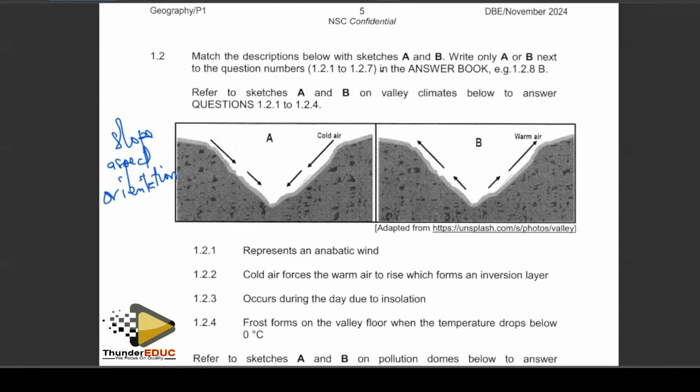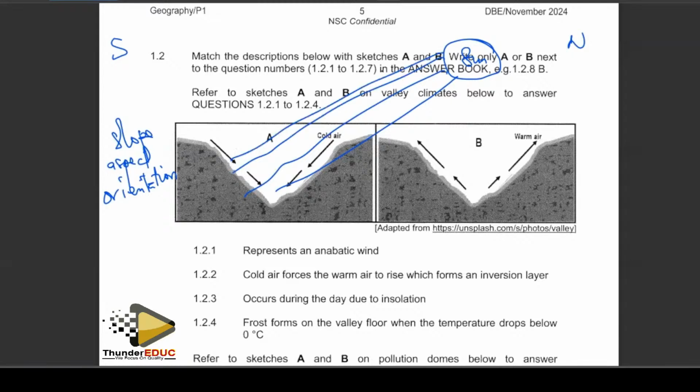the sun will be further to the north. We are assuming that our sun is there, and this slope is in the southern hemisphere, which means the southern direction is there and the northern direction is there, which will mean that the sun's rays are able to hit only this part of the slope. And this side does not receive insolation because it's facing away from the sun.